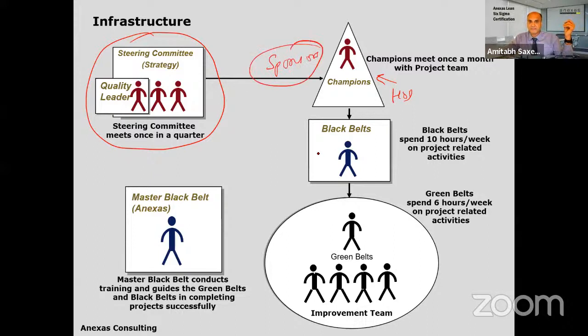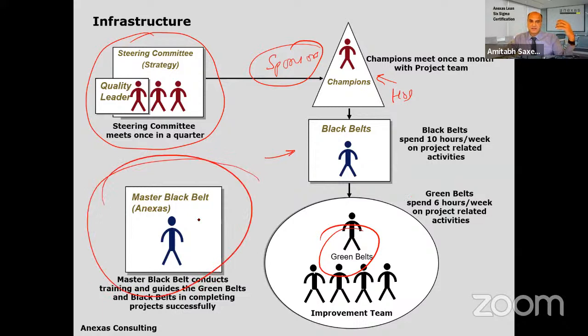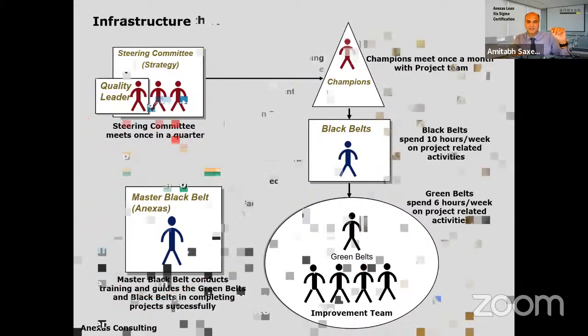Then we have black belts. Black belts spend some time to do the projects, and the green belts, and they also support the green belts. The people like us would be guiding these green belts and black belts. You also can become a master black belt, as I told you. You can attend our green, black, and master black belt sessions and become an independent consultant.